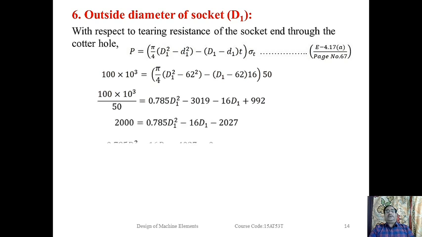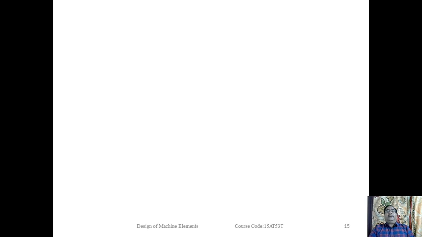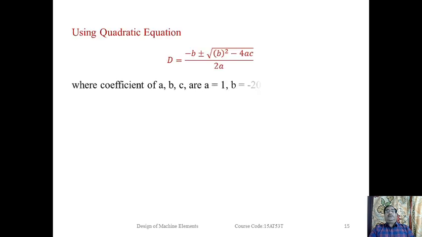again, to solve this, we have to use the quadratic equation. So here the coefficients are A is equal to 1, B is equal to minus 20.37 and C is equal to minus 5127.97.